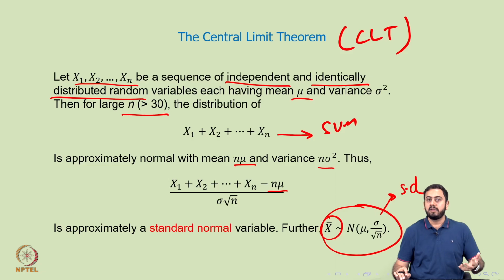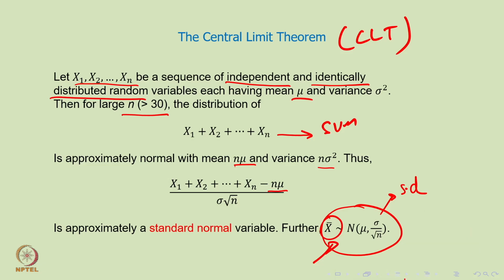If the focus random variable down the line is either x bar or the summation of xi, then regardless of the distribution your original data comes from, when n exceeds 30, you can approximate the distribution of the sum or the sample mean to a normal distribution.